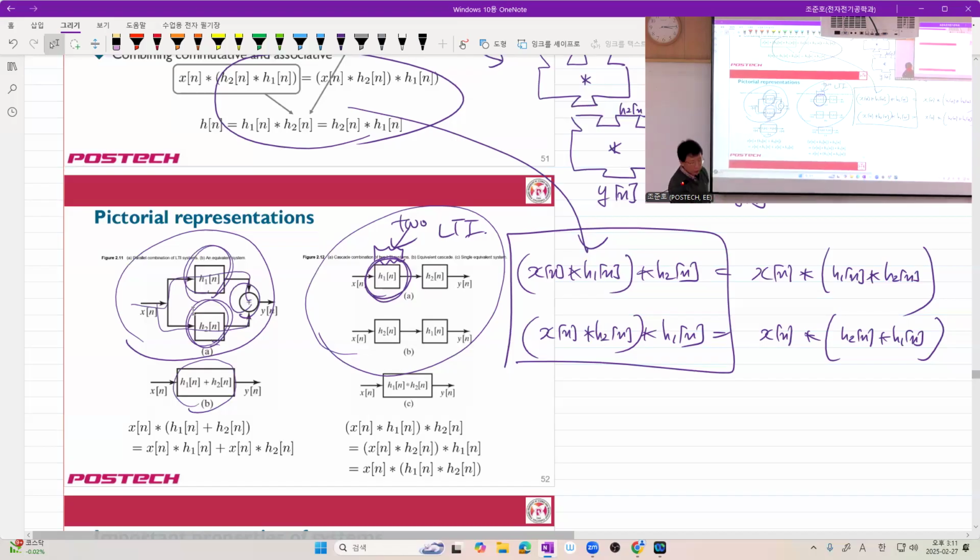Right? Same thing here. We know that for a serially interconnected system, its order can be changed, but sometimes these two impulse responses may be combined into one. And you may say that, hey, we'd better have just a single system than two systems. But sometimes modularizing each one may reduce the cost.